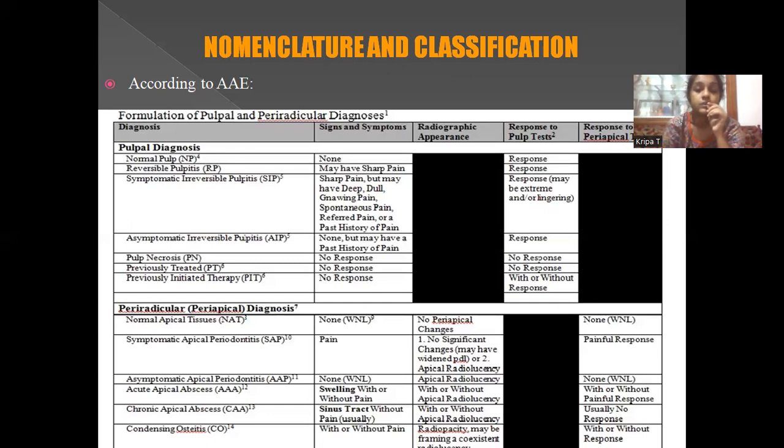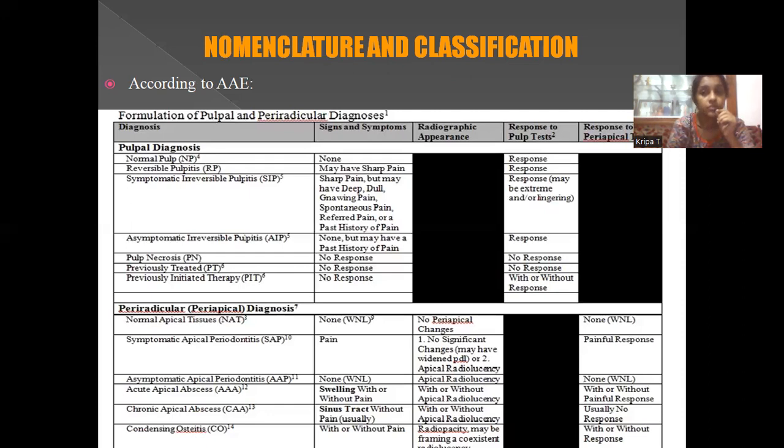Acute apical abscess: the patient will have a definite swelling with very high pain, pressure pain. Here it can be with or without periapical radiographic changes. The response is also the same way. Sometimes they might respond, sometimes the pulp will already be necrotic. Chronic apical abscess: the presence of a sinus tract will help you understand that it is a chronic abscess.